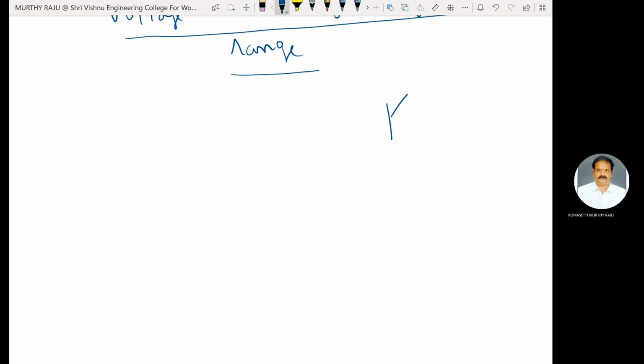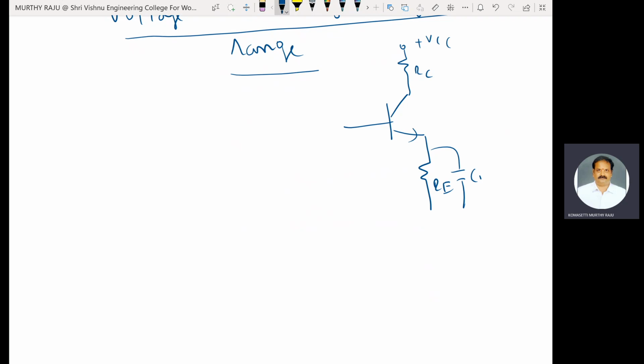This is the transistor. Some wiring capacitances and transistor stray capacitors are included. The coupling capacitor acts as a short circuit. Some shunt capacitances are like that.